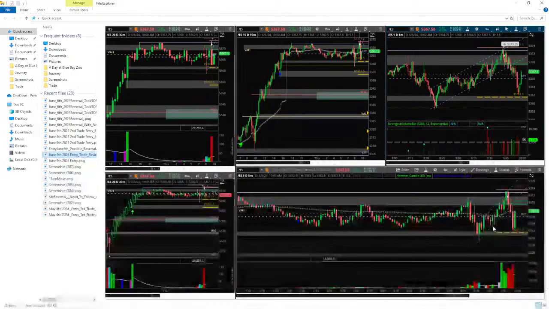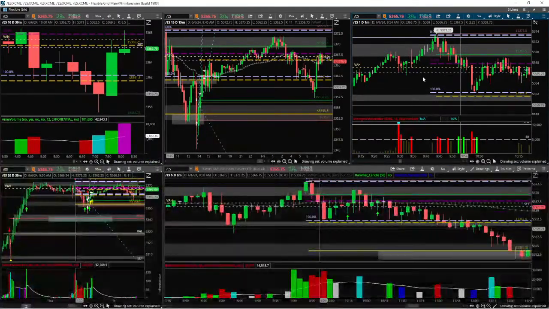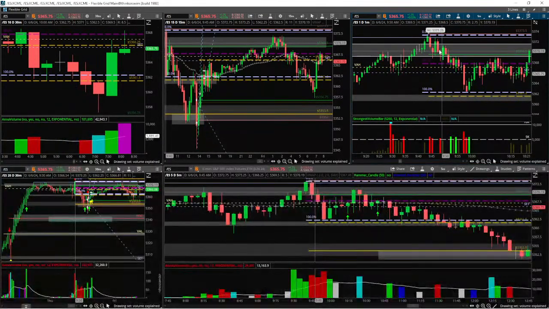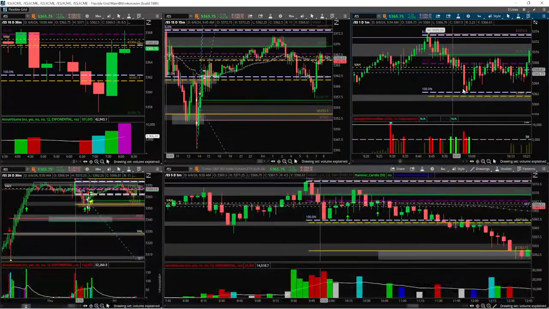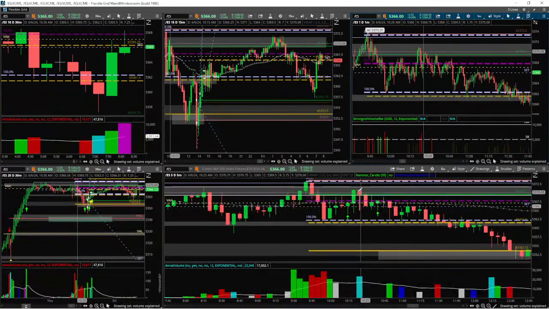So there are many different factors that stopped me from staying in that trade. I could have taken the retest of this here and then down, or waited and taken the retest when we came here. This retest actually looks much better.